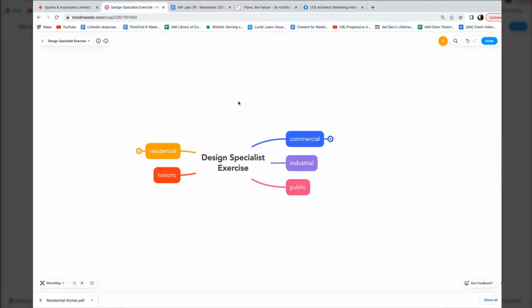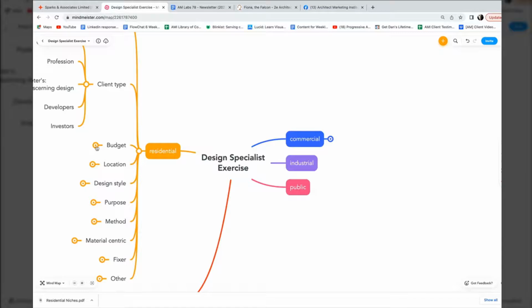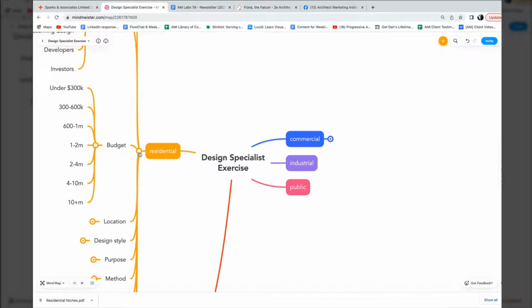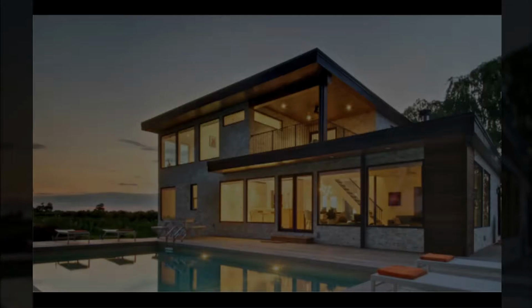They don't really care if you do public and commercial and industrial. That doesn't give you extra brownie points. What gives you extra brownie points is you know their type of project inside out, and you are the go-to person for it. And you can't do that if you're going to stay too high level. But, you know, once we drill down, then we can be way more specific.